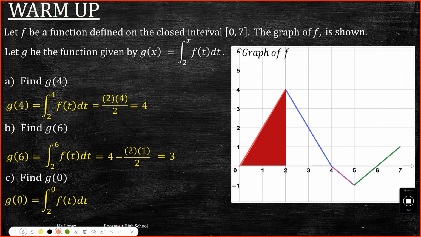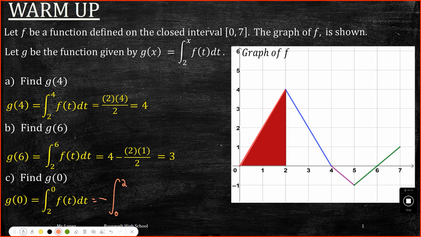Well, here, look. There's a property of this that we're going to go over next week. If it's going from 2 to 0, which is telling you going backwards, you can put a negative in front of it and switch the bounds.